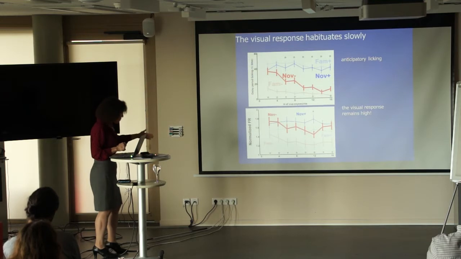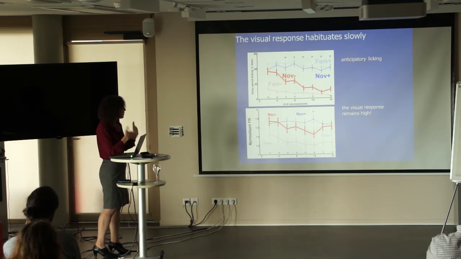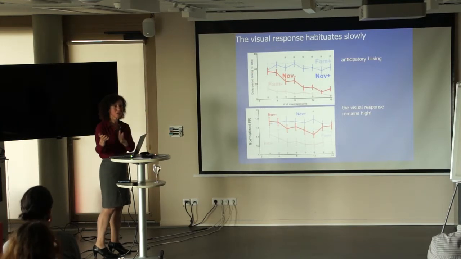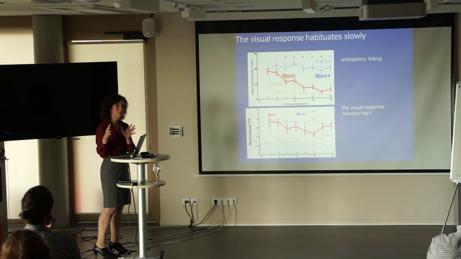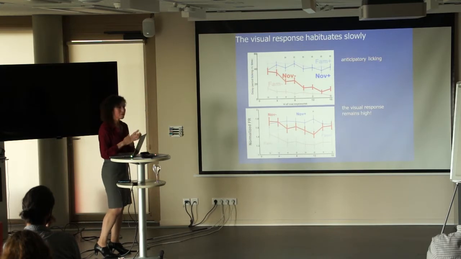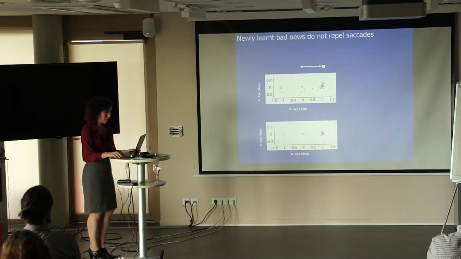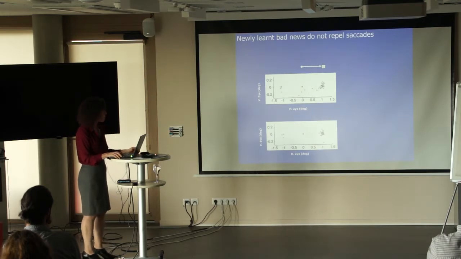So in other words, we expect that if you train a stimulus as predicting bad news, eventually it would acquire this negative salience. But that takes a relatively long time to occur. We didn't measure the time that it takes, but we estimate, based on other evidence, that it's around 200 trials or so.